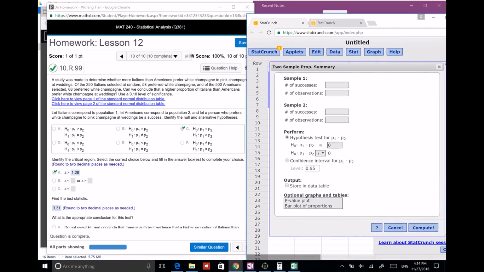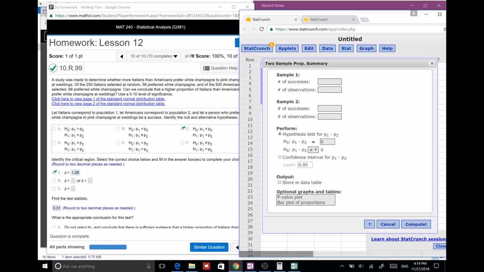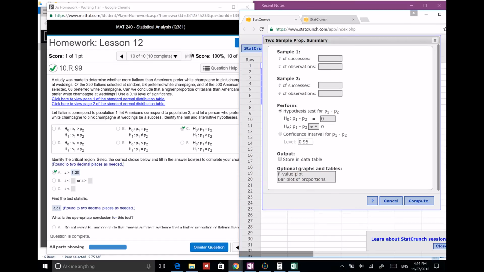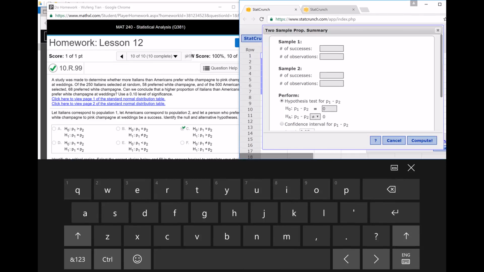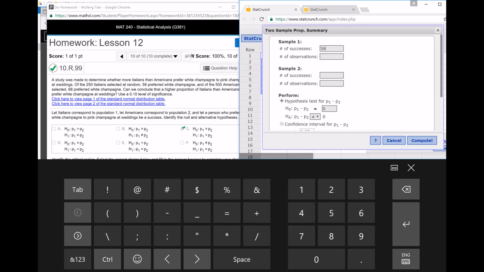So what you do is you just type in 58 over 250. The second one you do 68 over 500, and then it says one of them is bigger than the other, right?